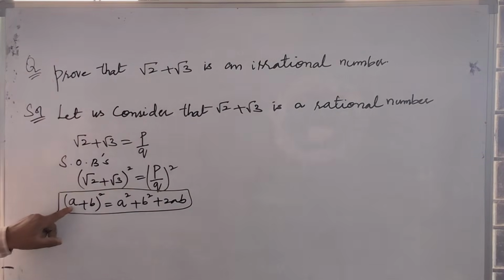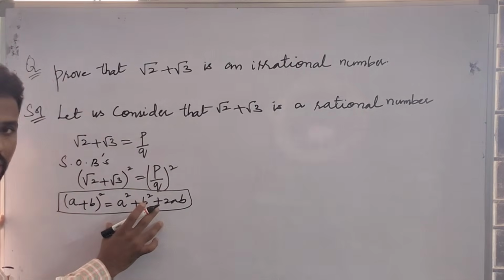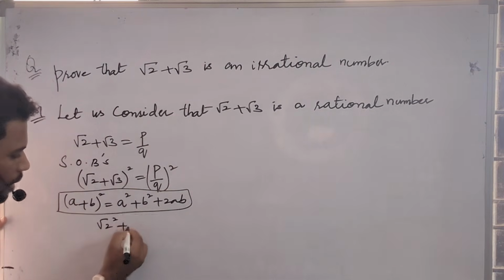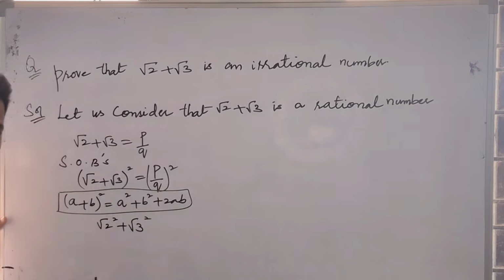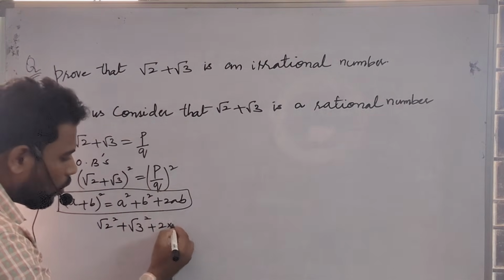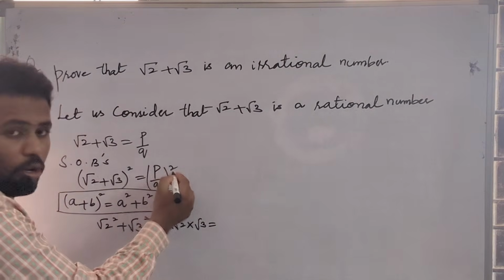Now a is root 2 and b is root 3, so let us apply this into the formula. A square means root 2 square, plus b square means root 3 square, plus 2 into a, root 2, into b, root 3, equals p by q whole square.